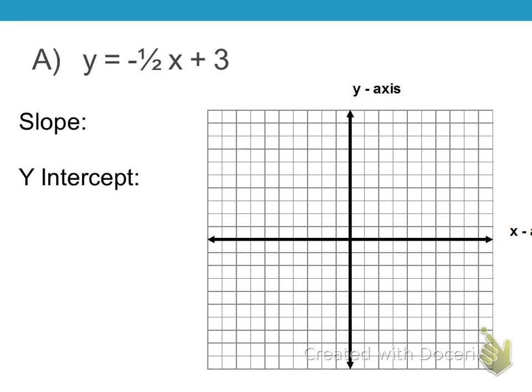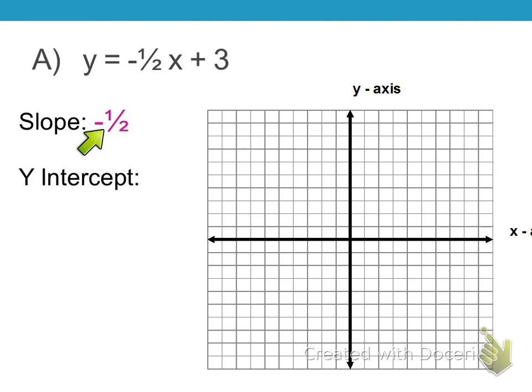All right, now we're going to practice graphing these. So again, this one's already in the right form. y equals mx plus b. m is the slope. So what's in our m spot?